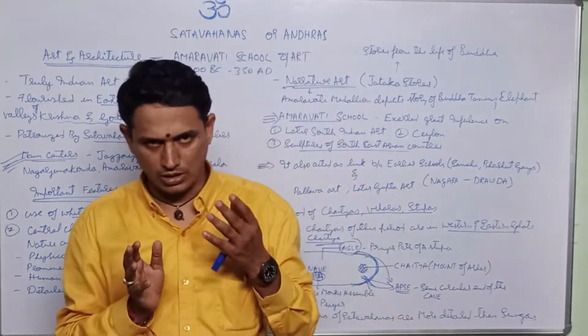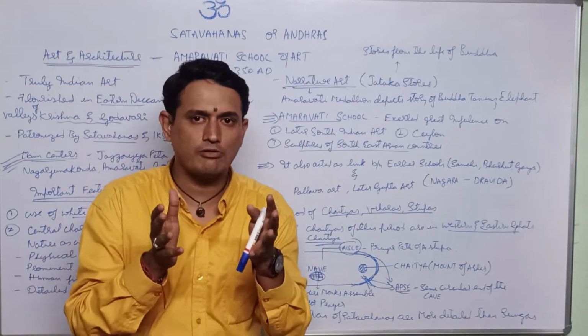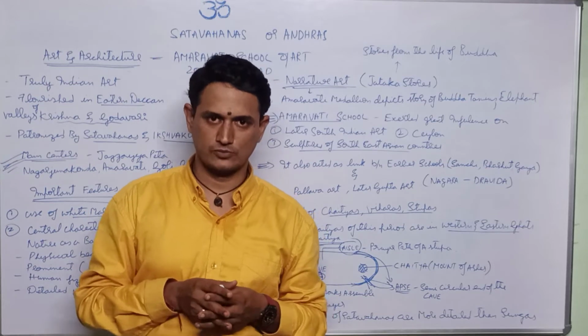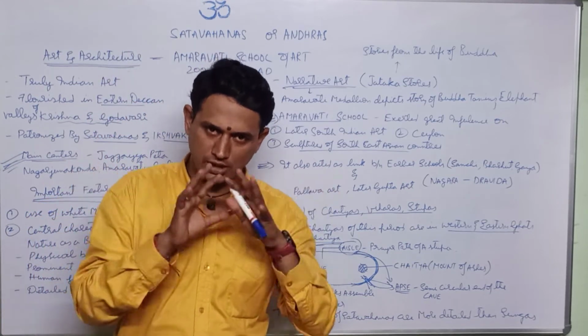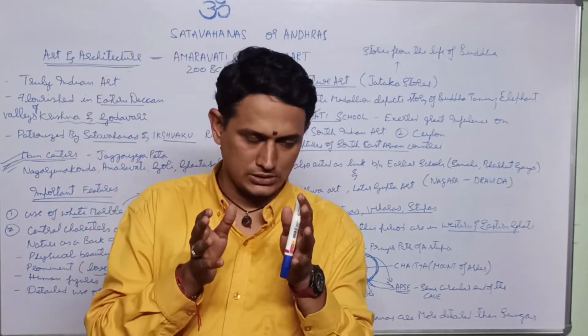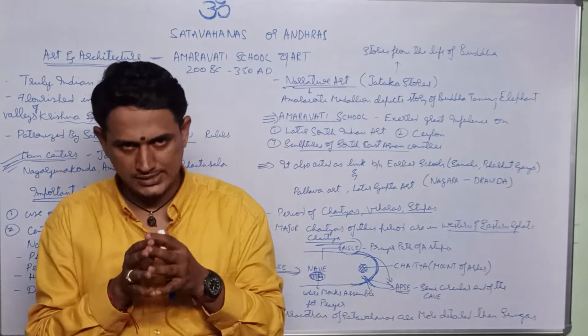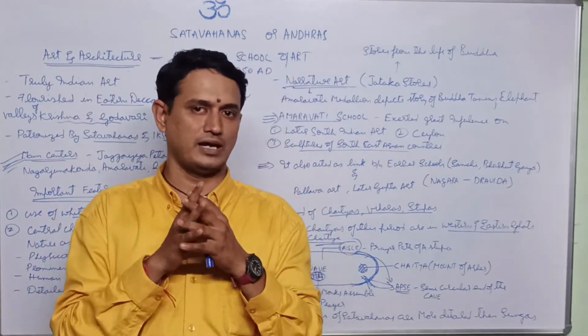Now we talk about the most important aspect, the narrative of this particular school of art. How did this school of art start to develop? Jataka stories or tales were used as a narrative.